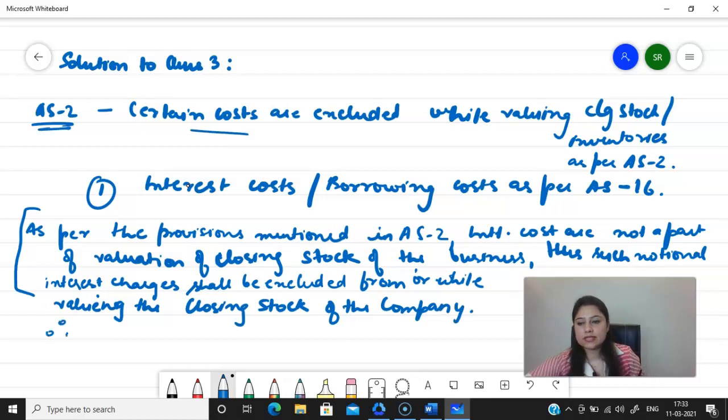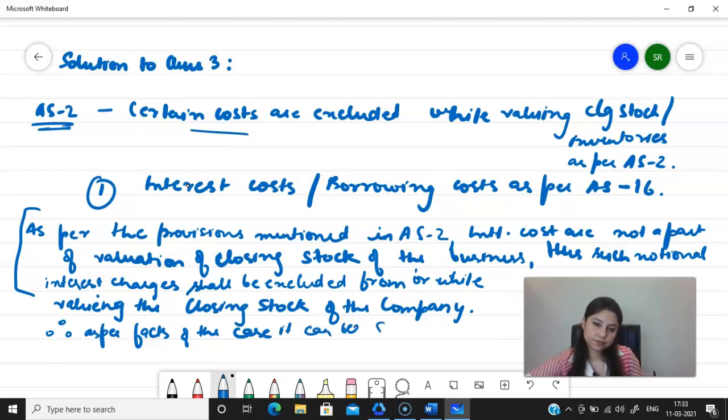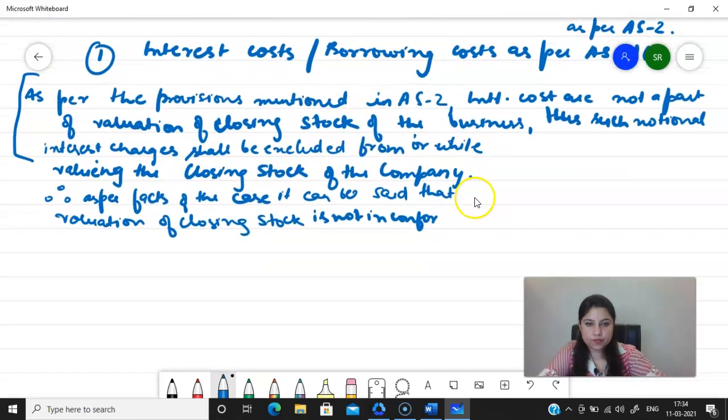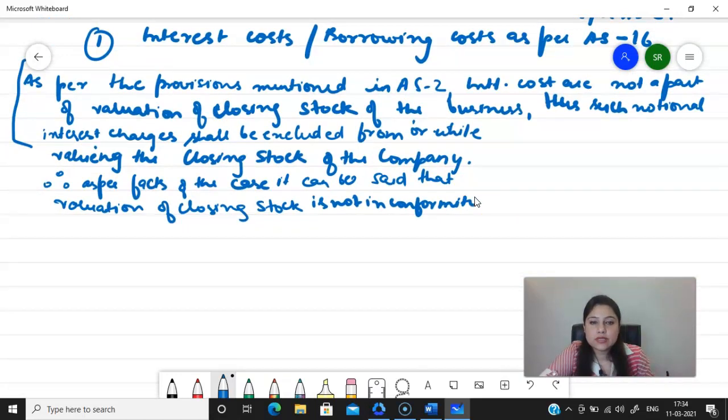So as per the facts of the case, it can be said that valuation of closing stock of the business, since we have not been given the name of the company, is not in conformity with Accounting Standard 2, Valuation of Inventories.